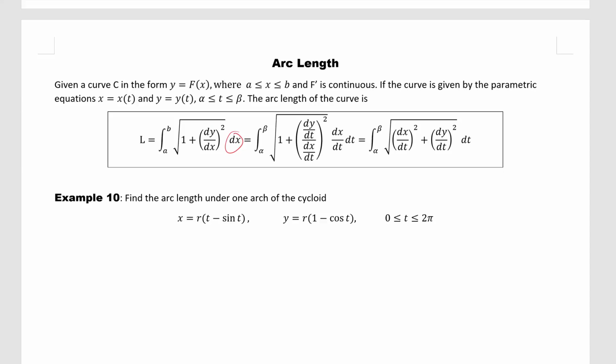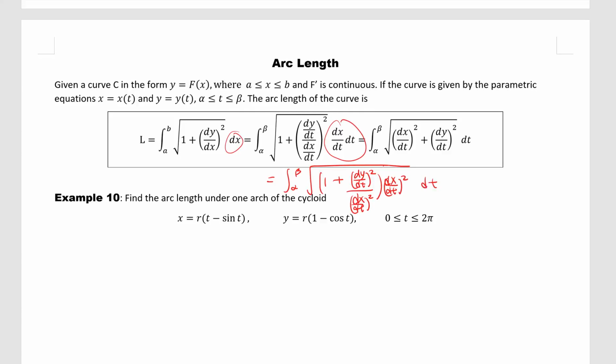And what's dx? dx is dx/dt times dt. So now you move the dx/dt inside the square root. Then you get 1 plus (dy/dt)² over (dx/dt)² times (dx/dt)² dt.